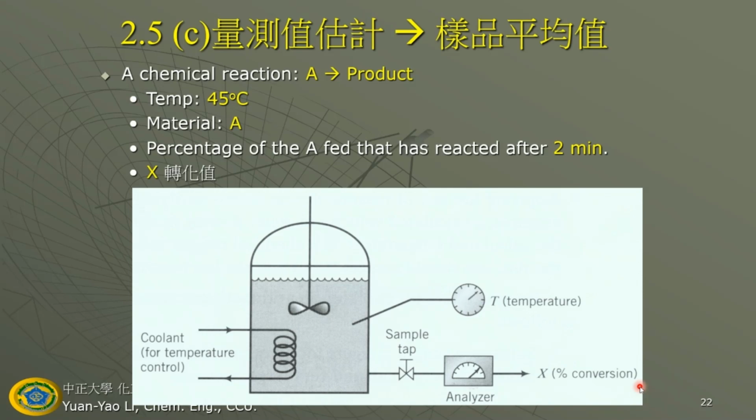For example, with a conversion of 50, you have 100 A, and after 2 minutes of reaction, A will become 50 and product will become 50. This is what we call conversion. Sometimes with time, we say conversion rate.